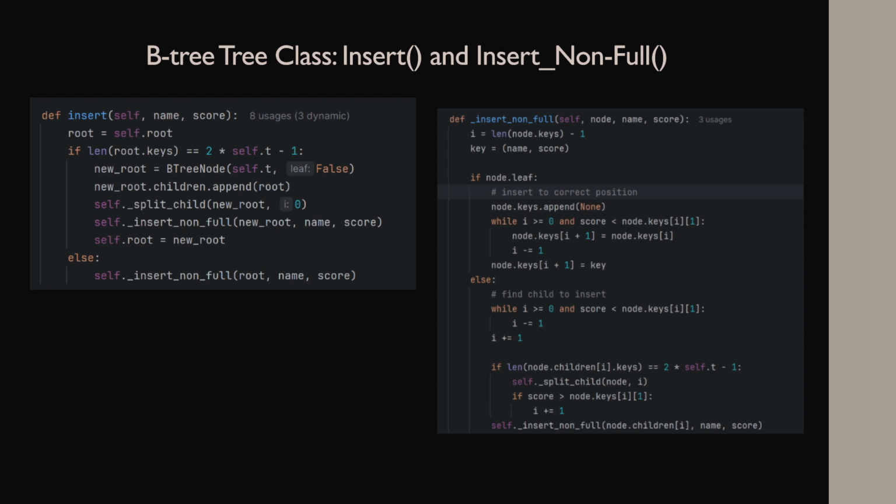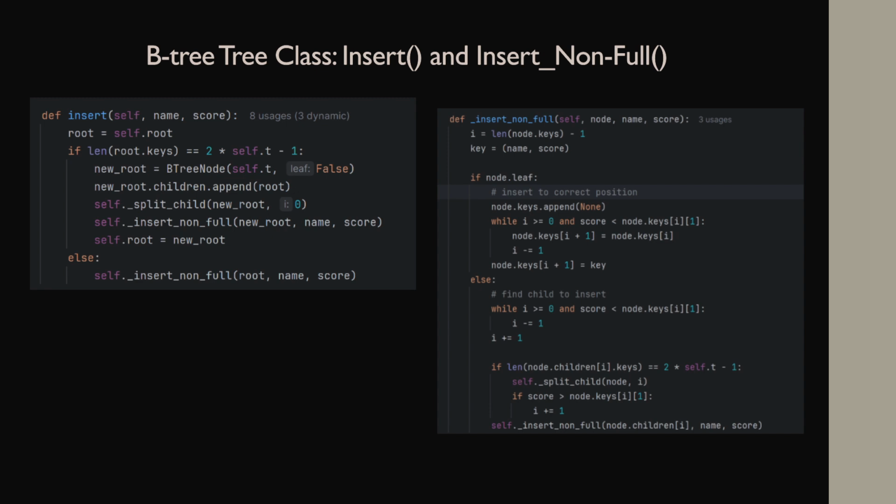And then we find the child that would receive the key by comparing the scores, and then check if the child is full. If it is full, then we split it using split_child, which I will get into after the slide. After splitting, we see again if we should go right or stay on the same child, and then recurse onto the correct child.